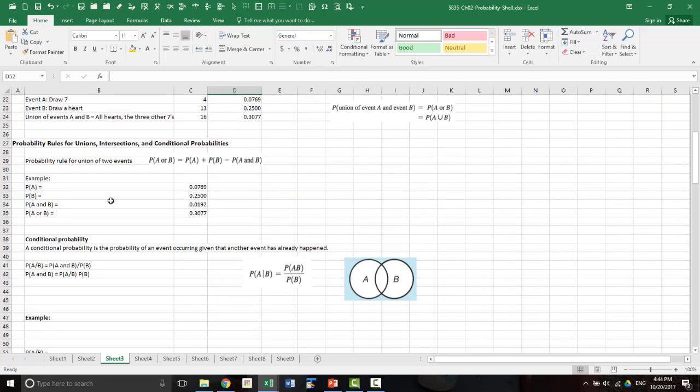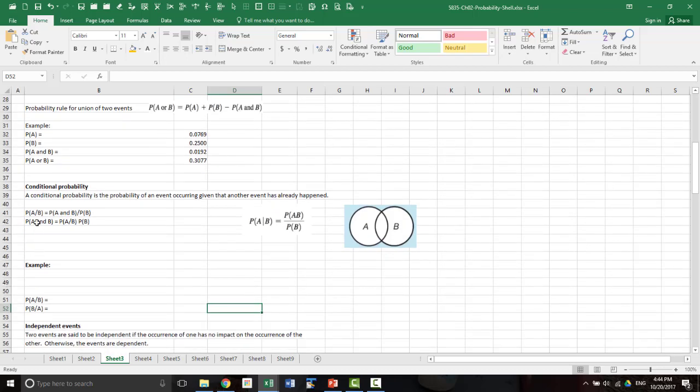Like we have the union law, also called the addition rule of probability, here we have a formula for the intersection. And obviously this can also be written in this fashion.